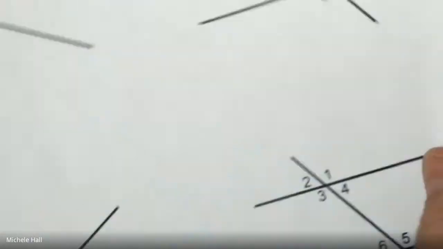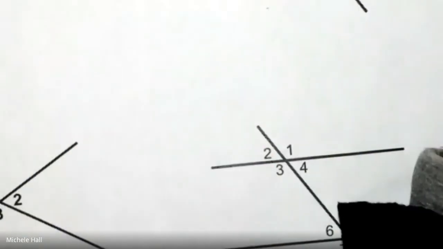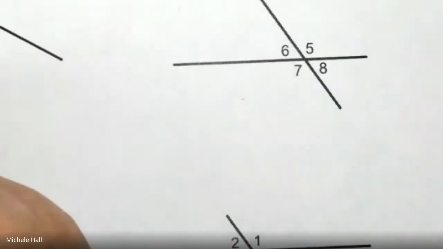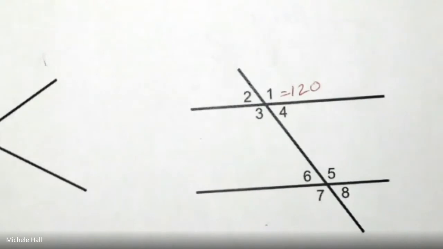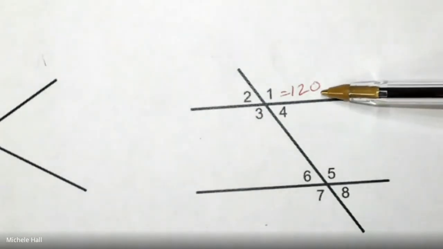So on your practice worksheet right here, let's go to another set. Let's go down here. If I told you that angle 1 was 120, you should be able to fill in all of the angles through 8. Let's start with this first. What other angle could I say was 120? And I want to know what the rule is that you're using, and then you're going to fill in the rest of them.